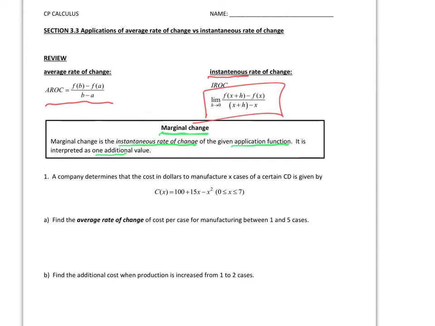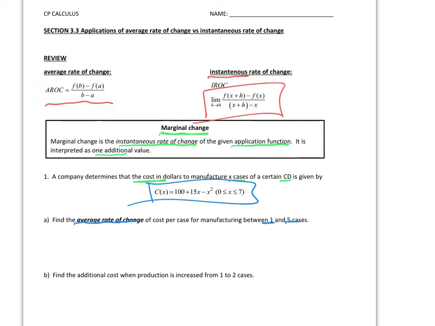Number 1, a company determines the cost in dollars of a manufacture of x cases of a certain CD is given by this function right here, the cost function. The very first question asks us for the average rate of change between 1 and 5.